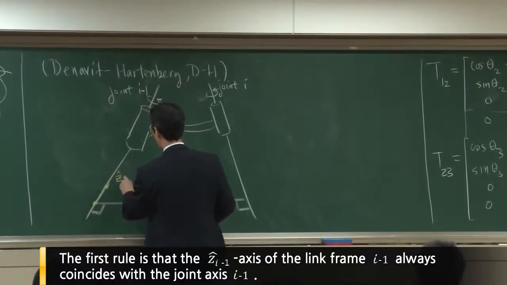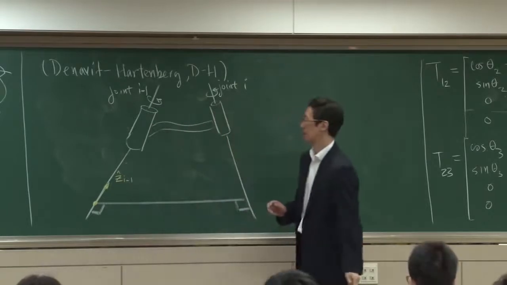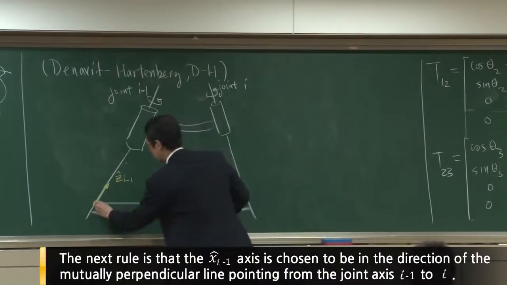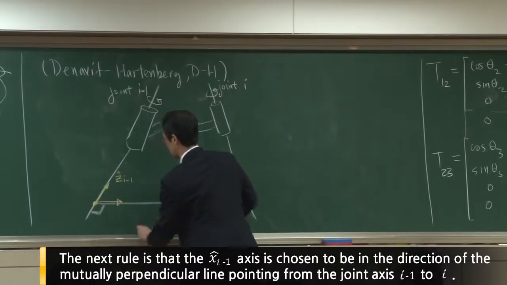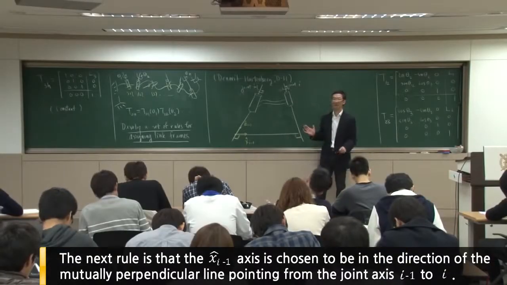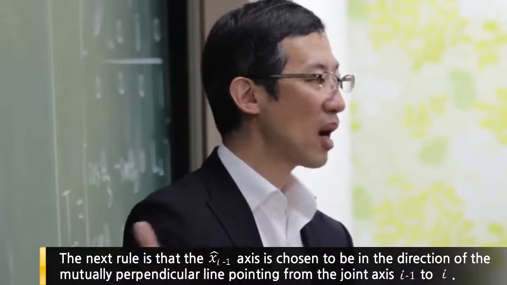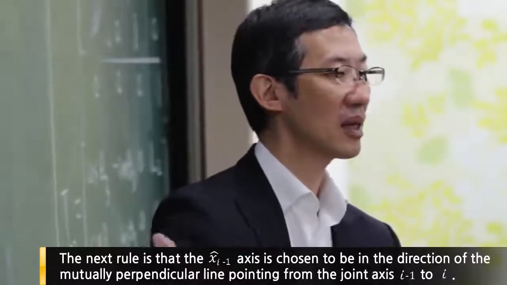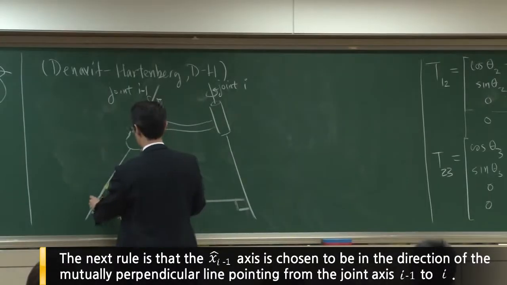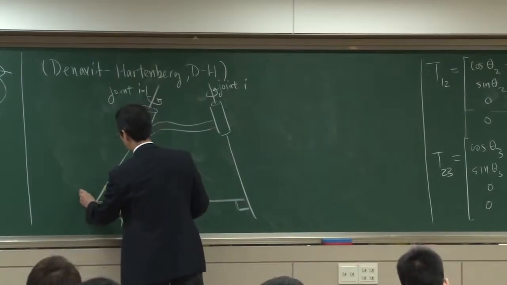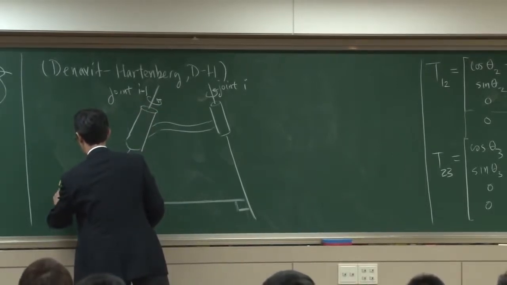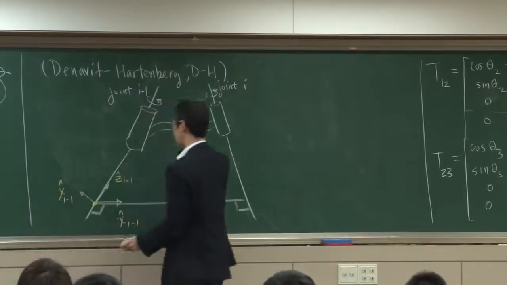And it's frame I minus 1, so z sub I minus 1. Now my x-axis is this way. Once I have my x and z-axis, the y-axis is defined automatically: x cross y equals z, so y is going to be somewhere like that, maybe. Y sub I minus 1.